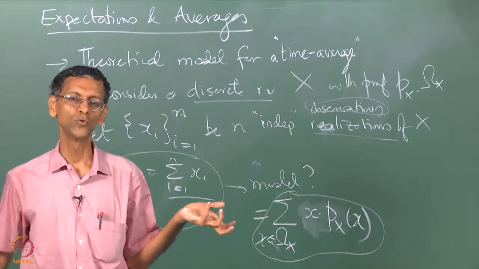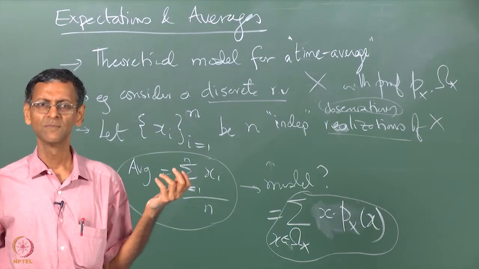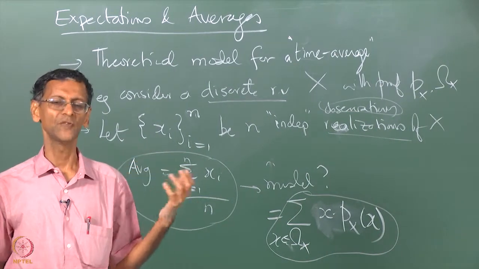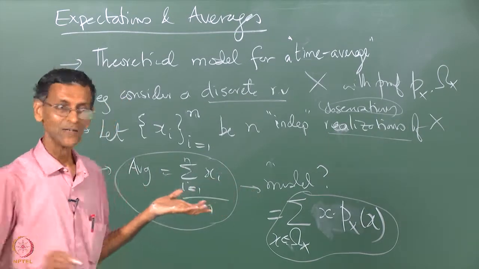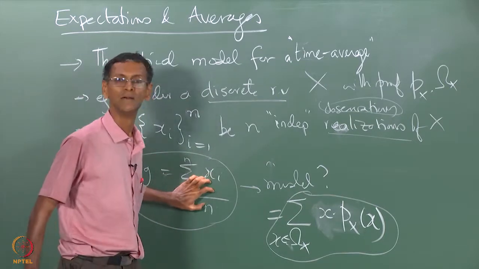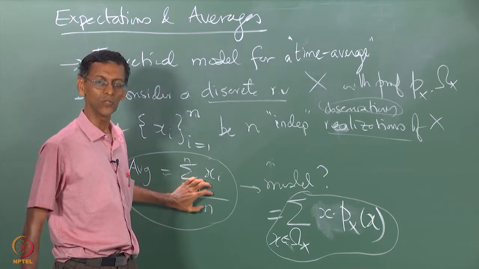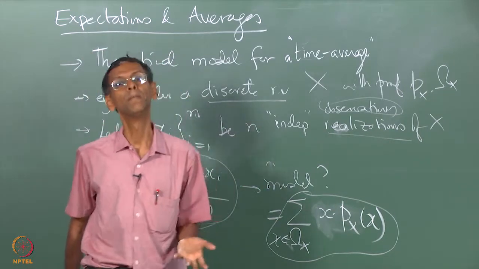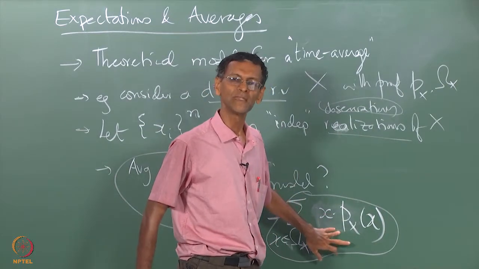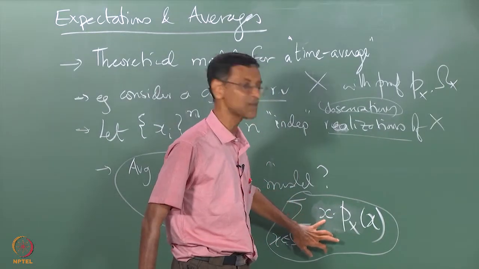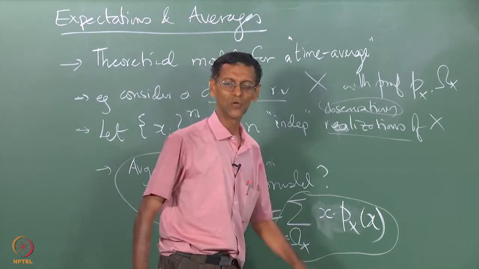For example, if you do this with the die experiment, what answer will you get? If each face is equally likely, you get 3.5. So the long term average of all the die rolls should approach 3.5, which is 0 into 1 by 6 plus 1 into 1 by 6 plus 2 into 1 by 6 plus 3 into 1 by 6 plus 4 into 1 by 6 plus 5 into 1 by 6.